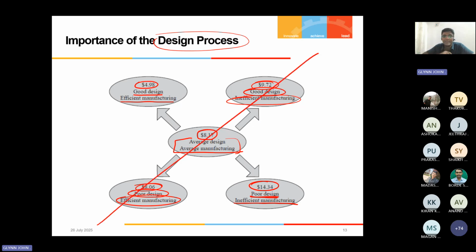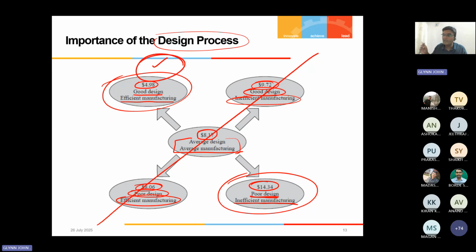But if you have a good design and efficient manufacturing, the cost is almost coming to half of average. And if you have poor design and very poor manufacturing, then again it's doubling. So that is something we have to understand. The best thing is to have good design and efficient manufacturing. This is what we want, right?